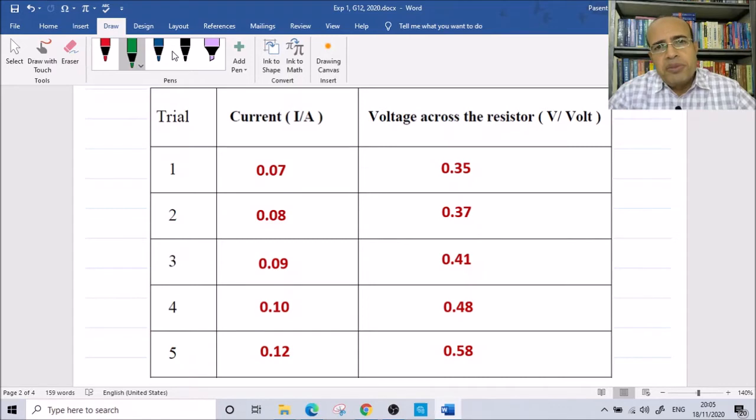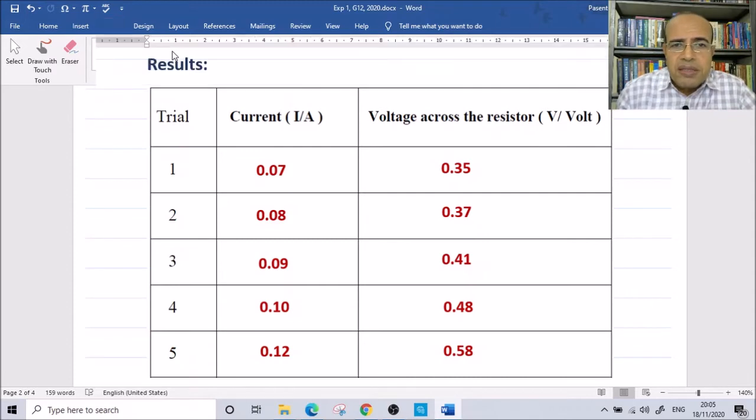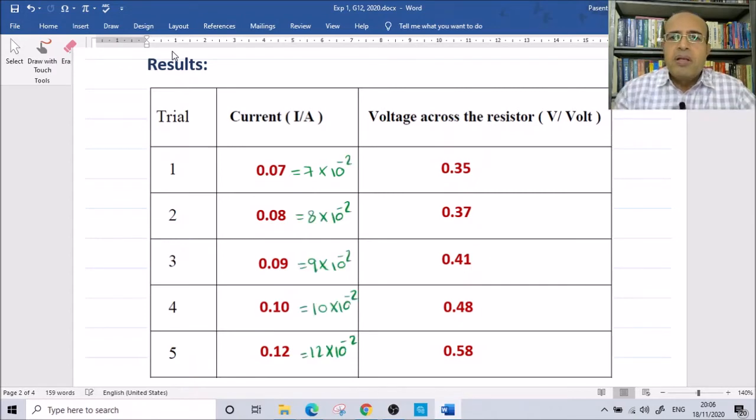To be more comfortable when we plot the points, we multiply by 100 and divide by 100. So we can write this as 7 times 10 to the power negative 2. The values of potential difference are a little larger, so we multiply by 10 and divide by 10. So it becomes 3.5 times 10 to the power negative 1.